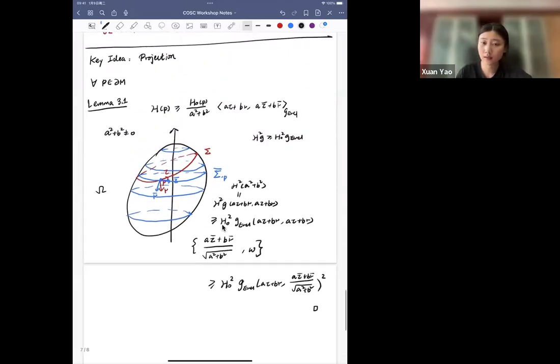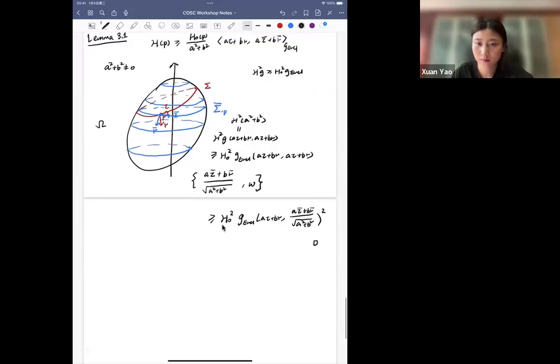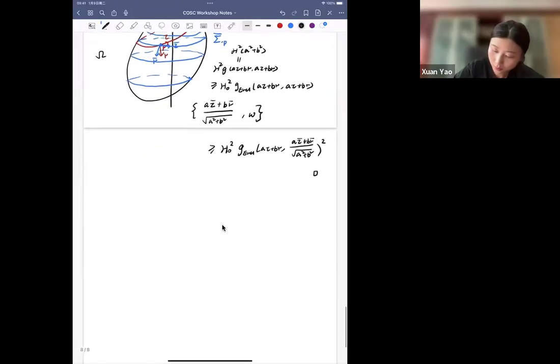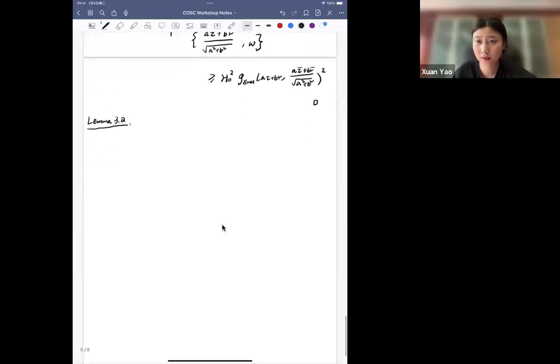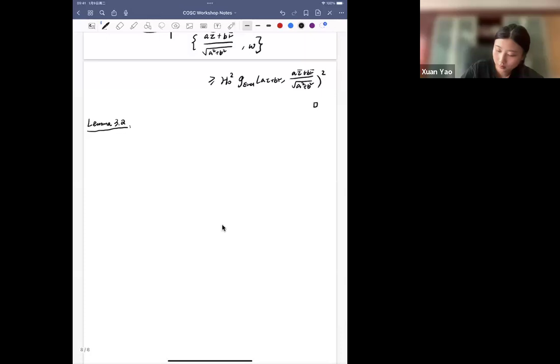Okay, this is our first lemma for the key estimate. Okay, our second lemma for the local estimate is where the weak convexity plays its role.